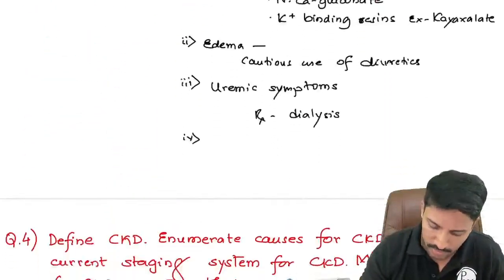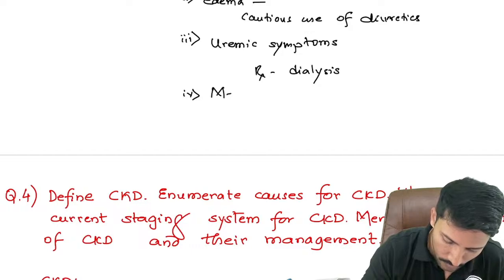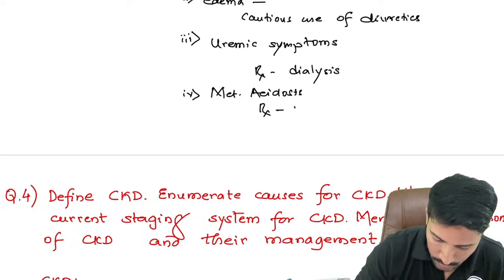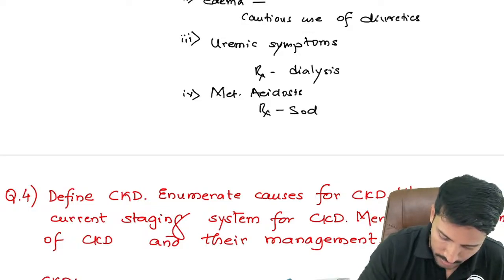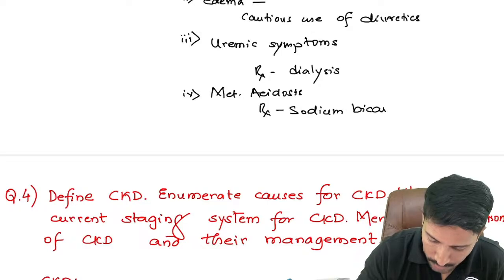So if there's metabolic acidosis, how do I treat? Metabolic acidosis can be treated with sodium bicarbonate, right? I can try to get the pH somewhat acceptable with the help of sodium bicarbonate.